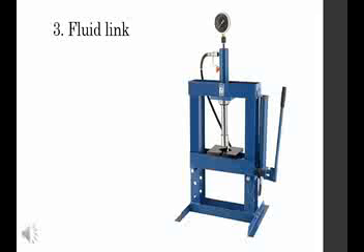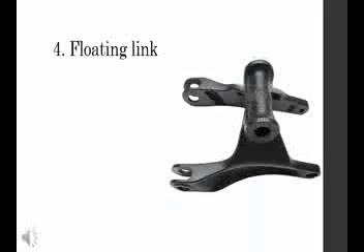A fluid link is one that is deformed by having fluid in a closed vessel, and the motion is transmitted through the fluid by pressure. For example, a hydraulic press and hydraulic jack. 4. Floating link. A floating link is one that is not connected with the frame.